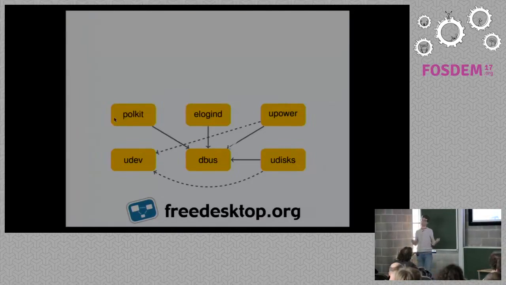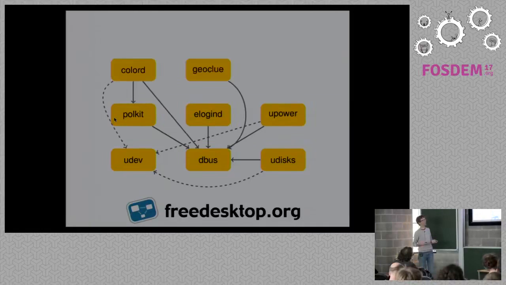And then Andy kept explaining, well, turns out we also need polkit, logind, and it would be nice if we had this thing called colord, which is for color management, and geoclue, which is a dbus service for geolocation used by some applications. And I was like, okay, how does that work, right?